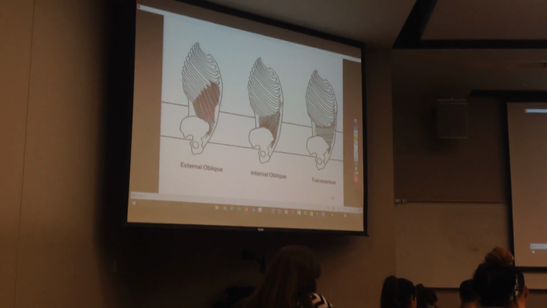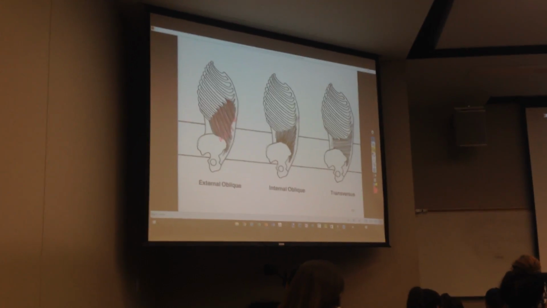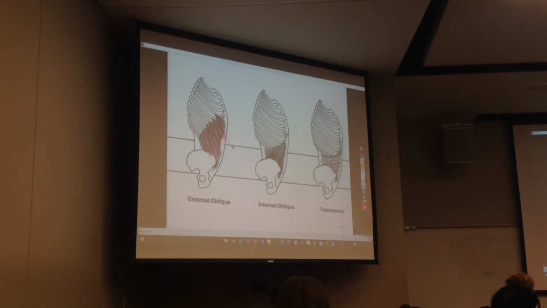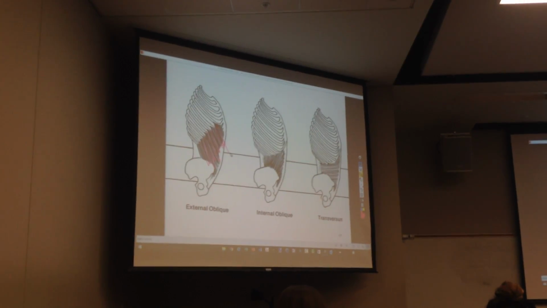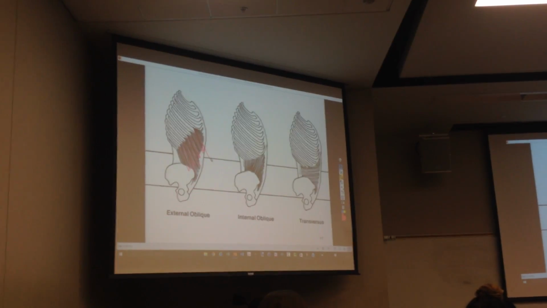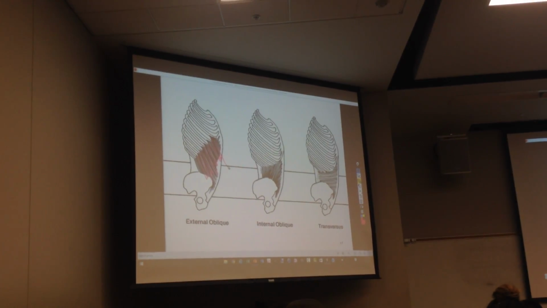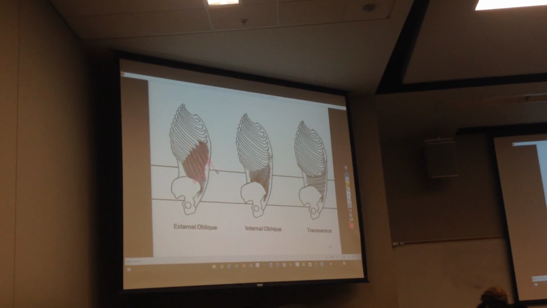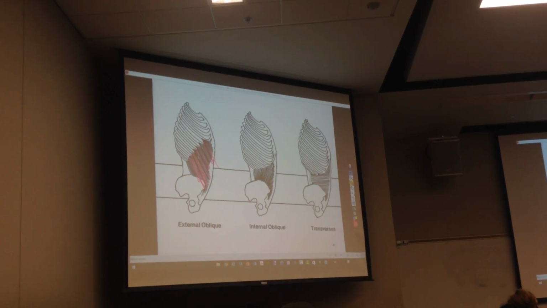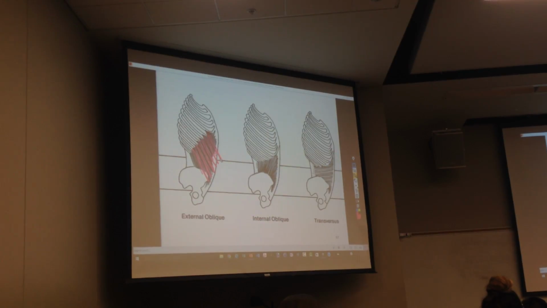You can just say external oblique, or if you want, you can say external abdominal oblique. And the fiber direction for these ones, and you should have heard this in lab, is like you're putting your hands into your pockets. So if you put your hands into your pockets, your fingers will move in this direction.